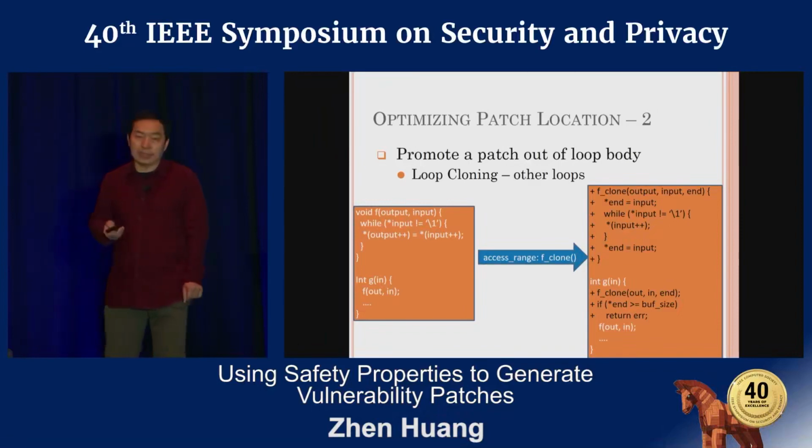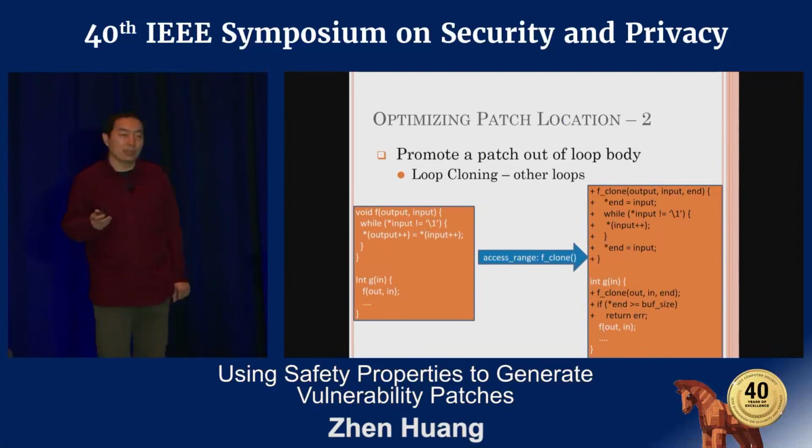As shown in this example, on the right we show the cloned code on the top, and at the bottom we show the patch generated by Sinks, which will call this cloned code at runtime to compute the access range outside the body of the loop.